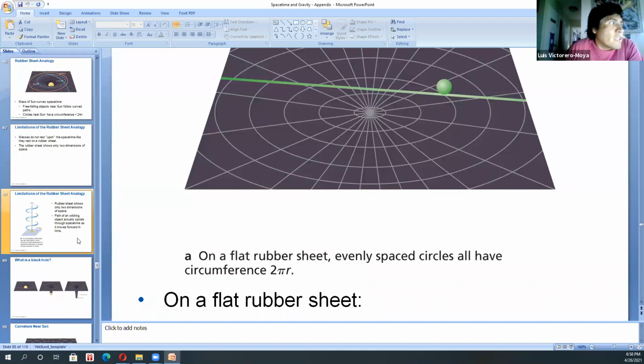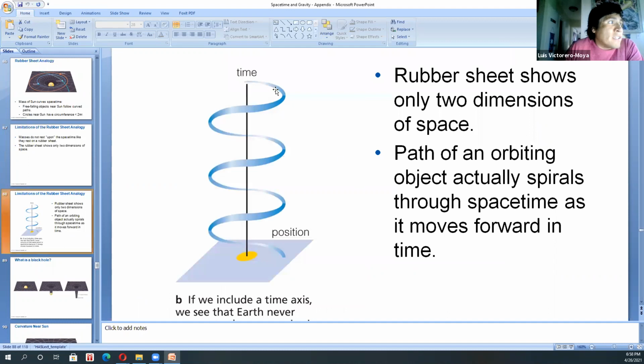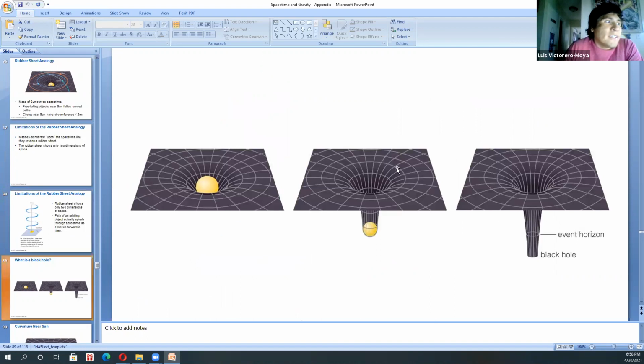All right. So light also travels in that curve of space-time, which is why light cannot escape a black hole. Because when light enters, it just moves all the way to that singularity, which is the center of that black hole. Right? Now, why is the event horizon the limit?